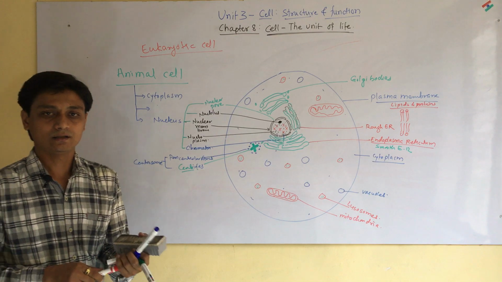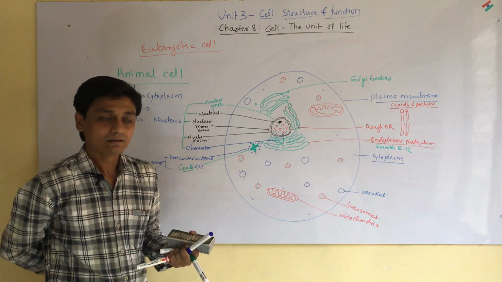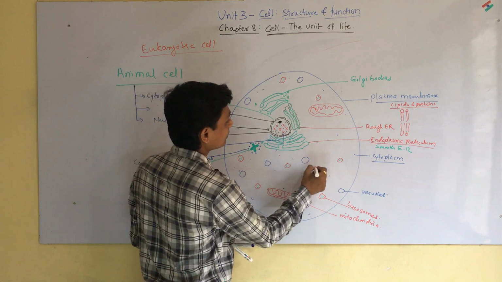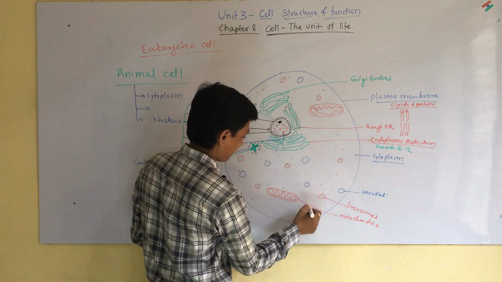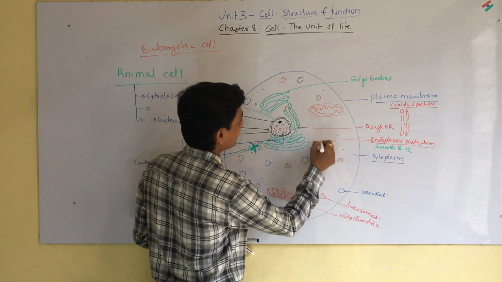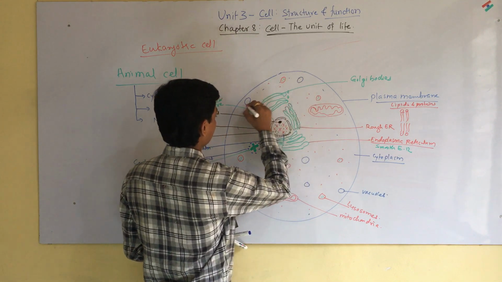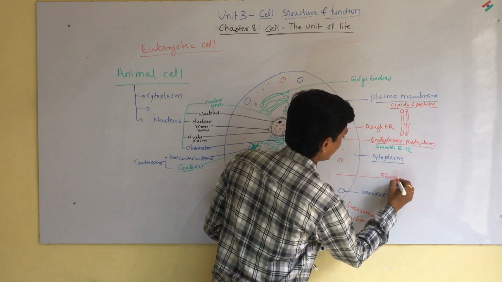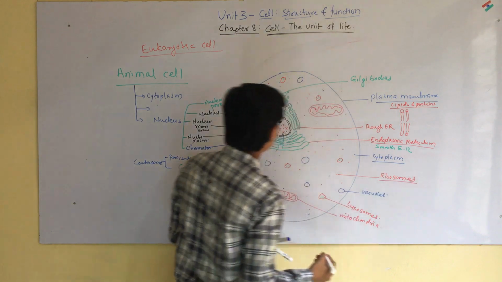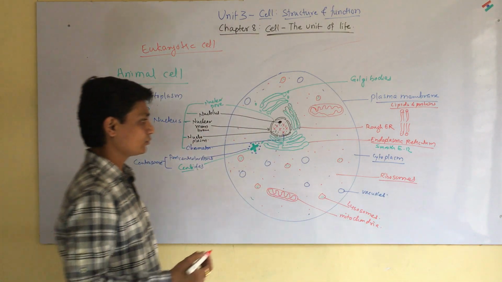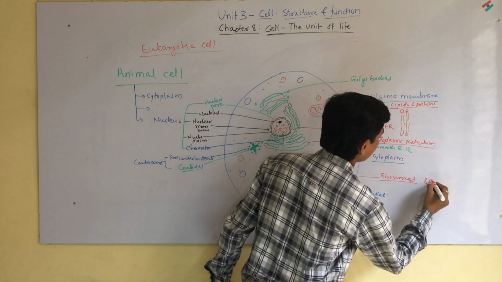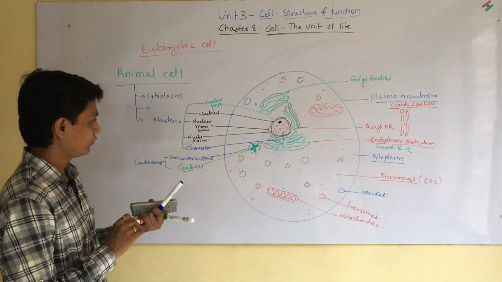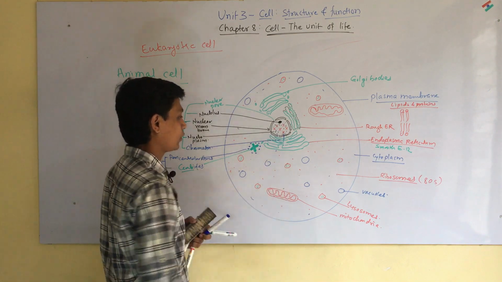Then the last structure which is present in this cell, that is ribosomes. As we know, in eukaryotic cell, the ribosomes have 80S structure, and ribosomes are helpful for formation of proteins.